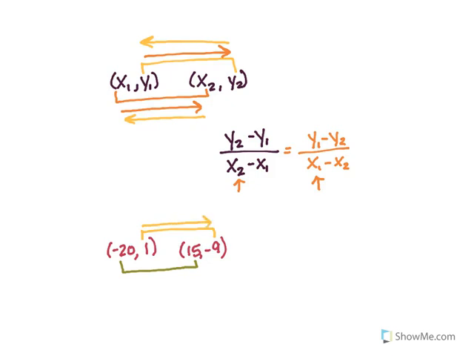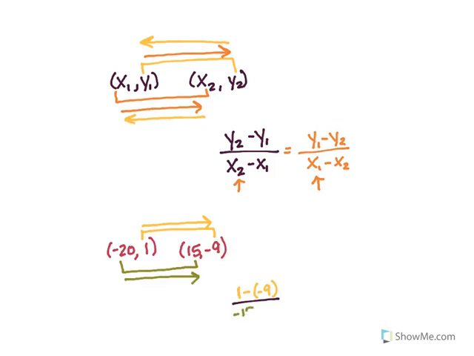I'm just going to work left to right because it's easier to read it. So I'm going to have 1 minus 9. Those are my two y's. And remember it's minus, so it's actually minus negative 9. And then it's over, and I worked from left to right on the top, so I have to work from left to right on the bottom.